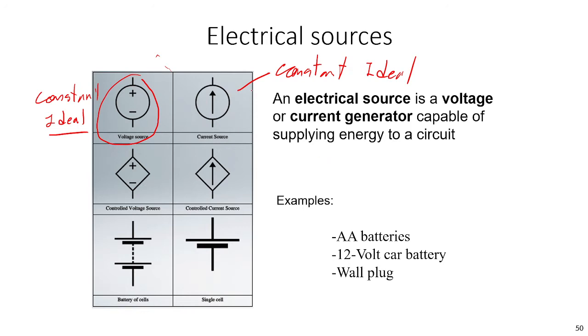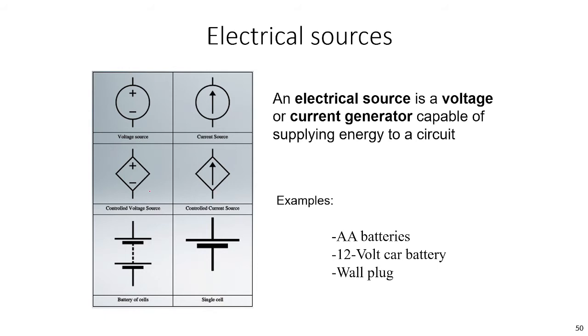So these are elements capable of supplying energy to the circuit. We also have the controlled voltage source. It is not constant, but this voltage source depends on another variable in the circuit. And the controlled current source is controlled by voltage or current from another signal.